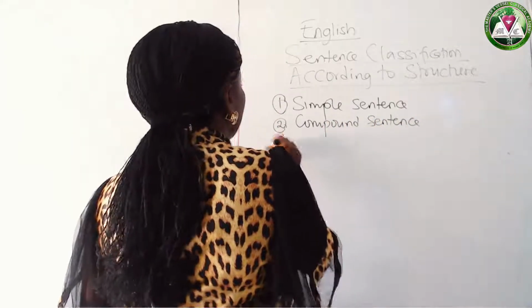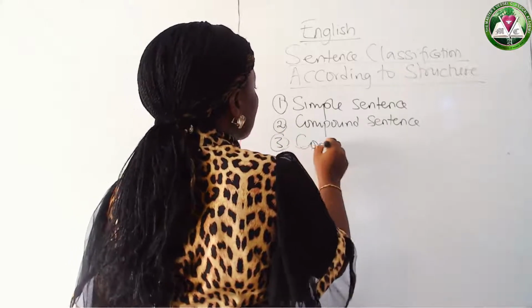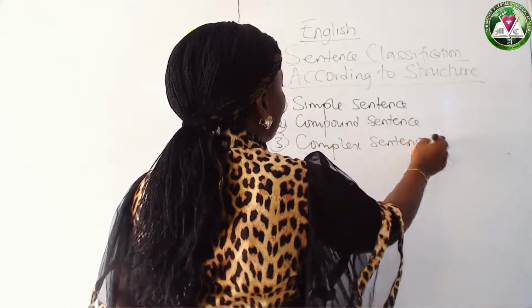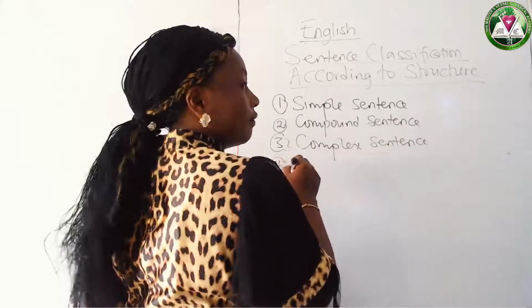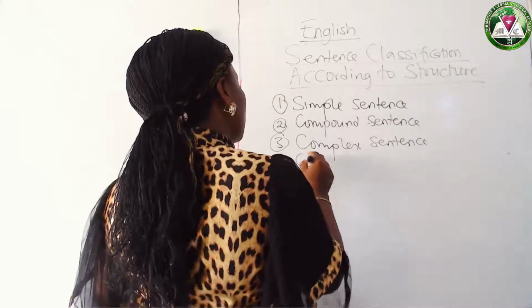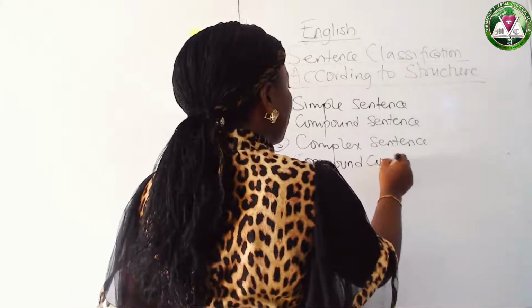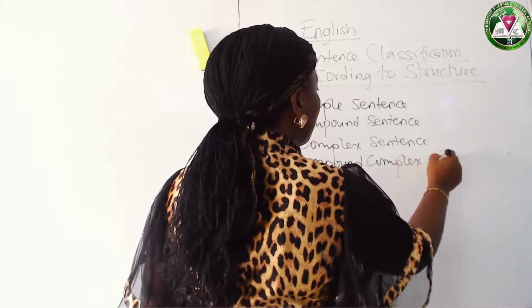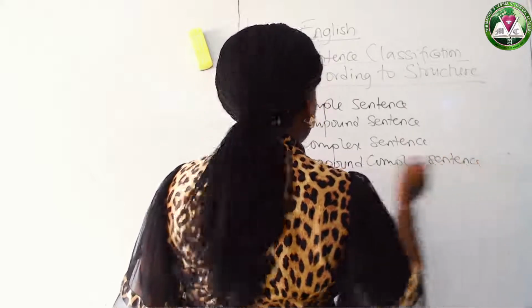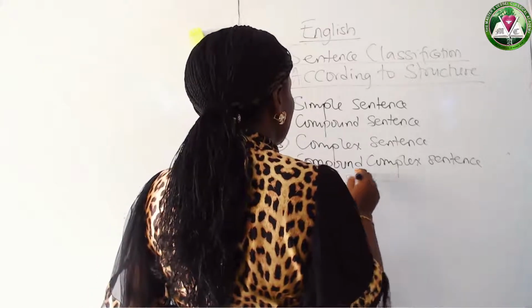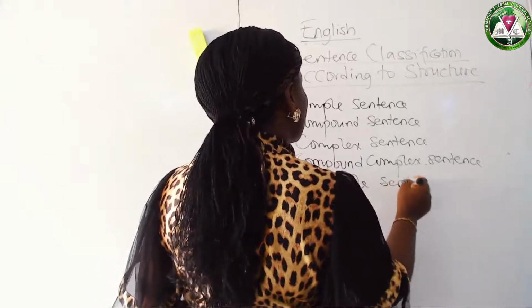Okay, 3, we have complex sentence. 4, we have compound complex sentence. And then 5, we have multiple sentence.